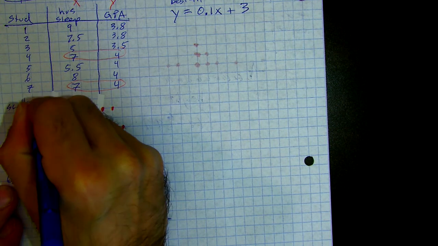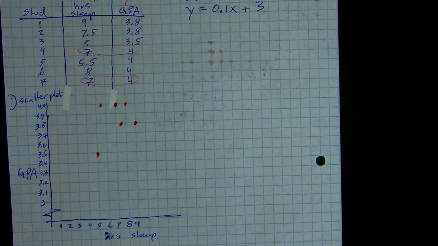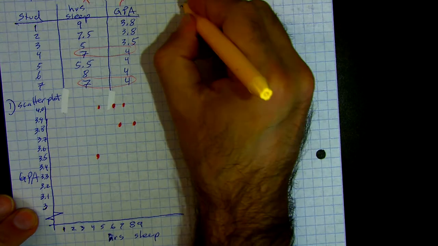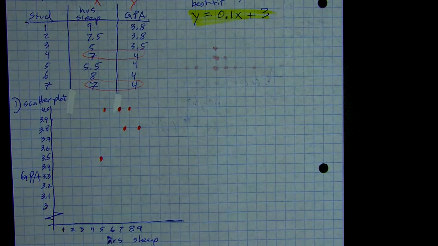Now, with this, we have to graph the line of best fit. The line of best fit is given for these problems. I'm not doing problems that make you find the line of best fit. That'll be in the unit test, but not for this activity. And with this line of best fit, let's go ahead and graph it.